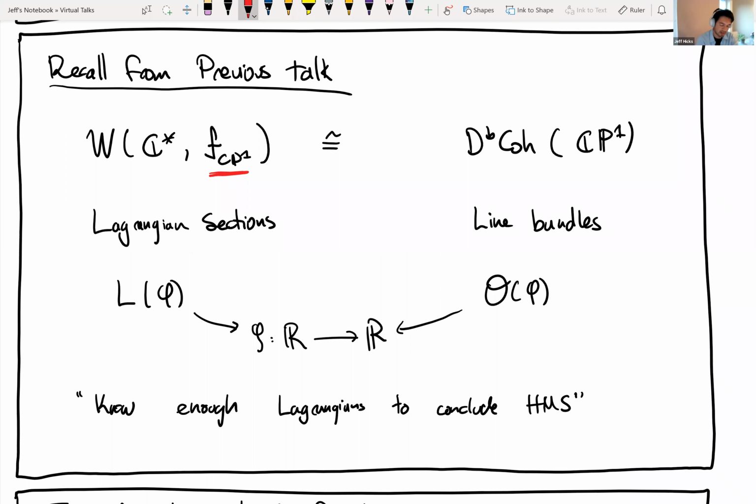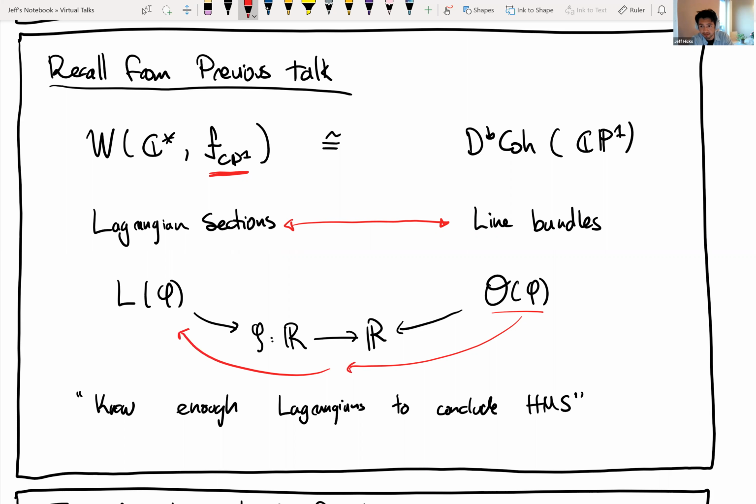The comparison that we had made so far was that we had compared Lagrangian sections to line bundles, and by a couple of pictures, we thought that those were computing the same thing. And we had a correspondence set up: you take a line bundle, you associate to it some support function, and you could build a Lagrangian section associated to that support function.